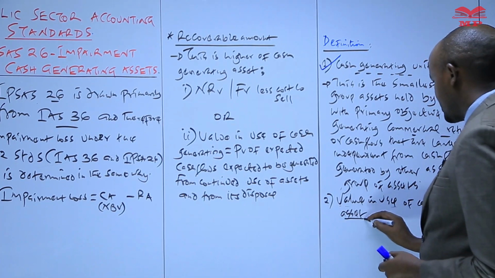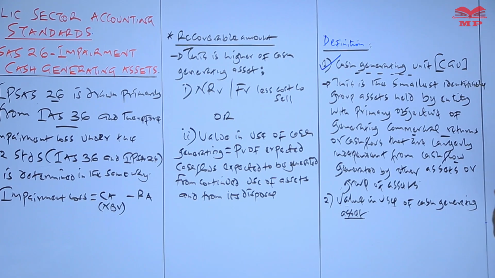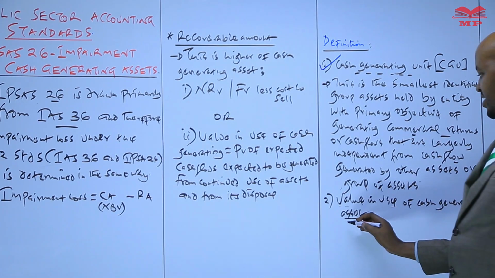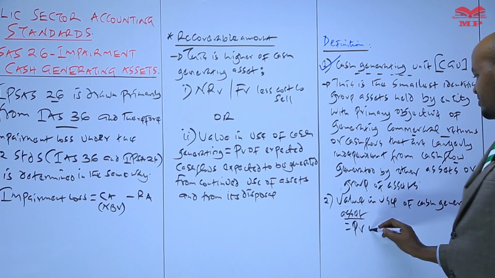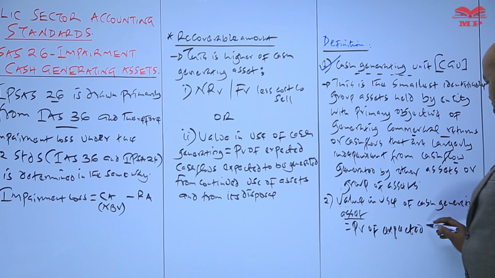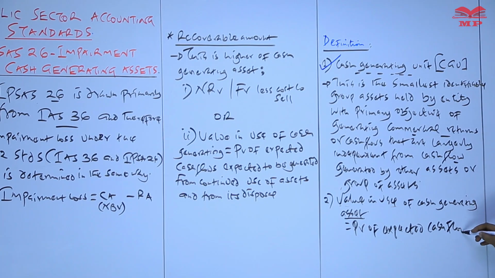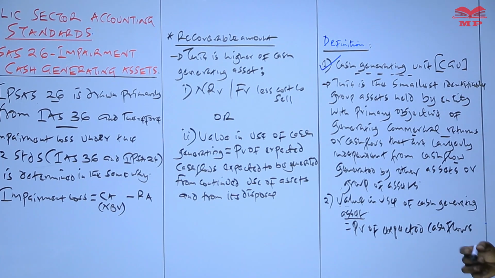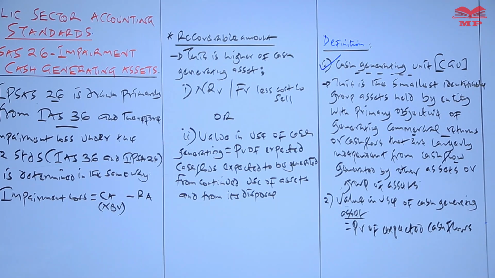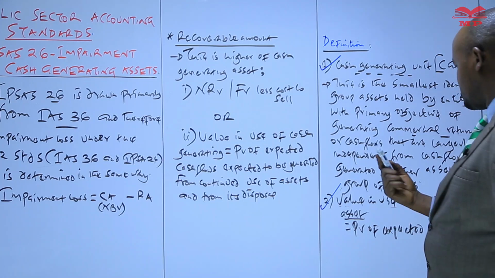And we have said that this value in use of a cash generating asset is quite different from the value in use of a non-cash generating asset, because this is basically equal to the present value of the expected cash flows, which will be generated from the continued use of the asset and also from its disposal.